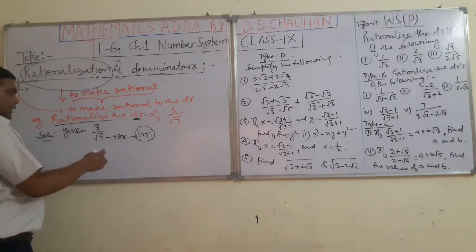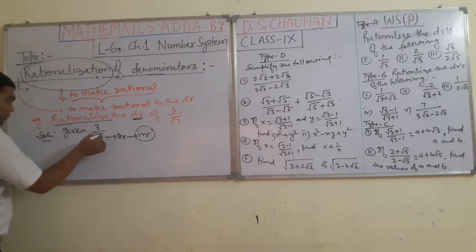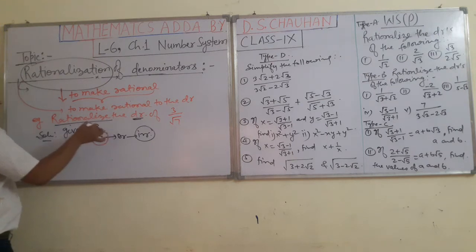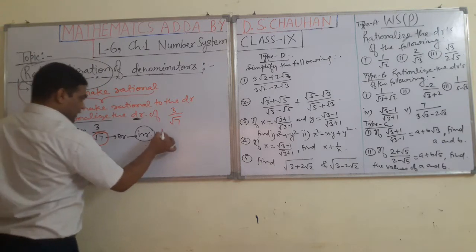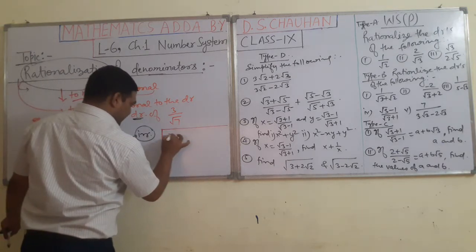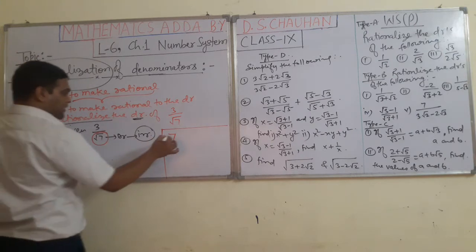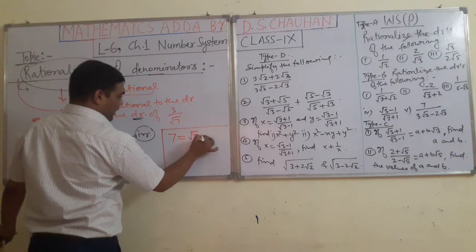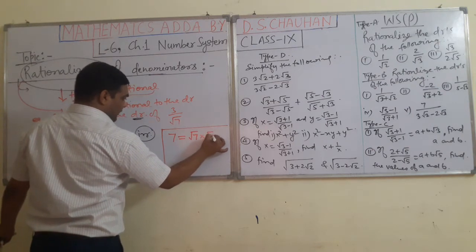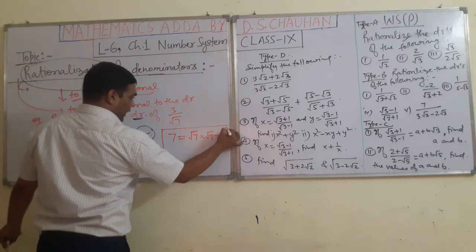Try to understand. Here we are interested in making under root 7 a rational number. Well students, we all know that 7 is a rational number which can be written as under root 7 into under root 7, that is under root 7 to the whole square.